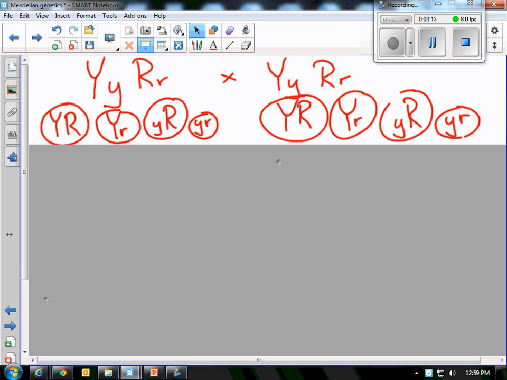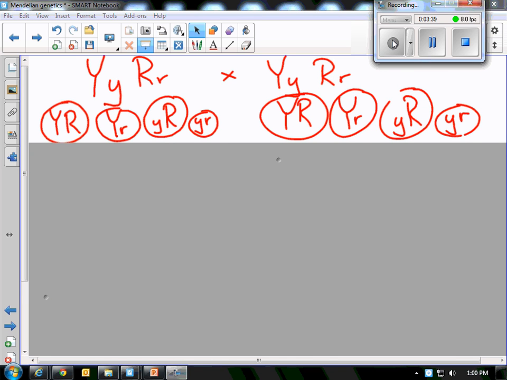When the genes go to the gametes, they assort independently. The Y's, since they're on a different chromosome than the R's, could go either direction, but all gametes will have one Y and one R, and every possible combination of Y's and R's is there.